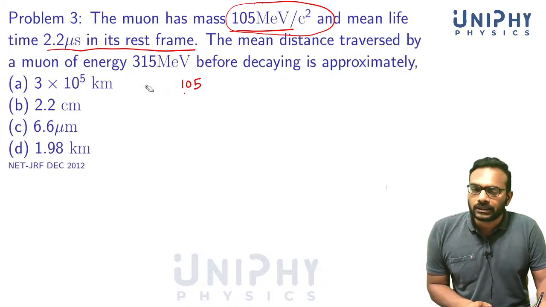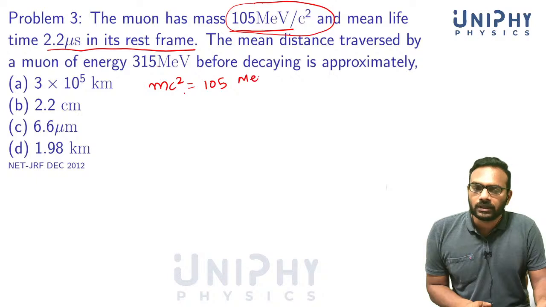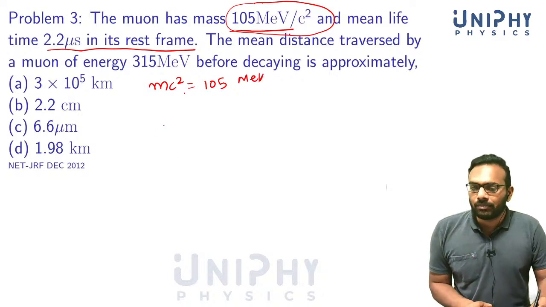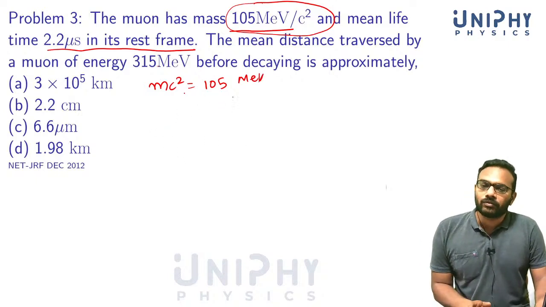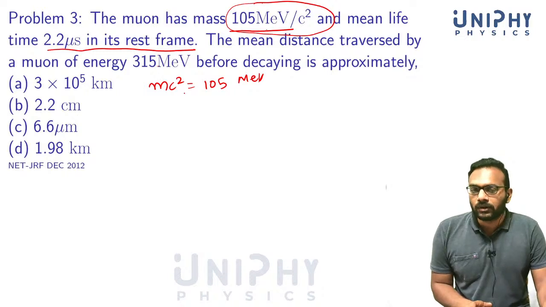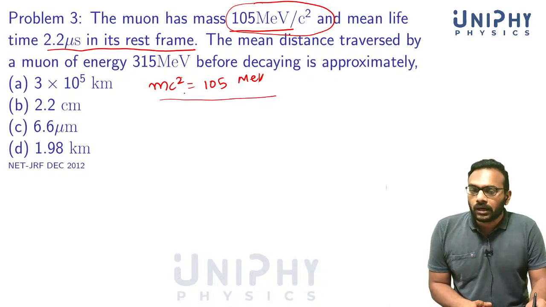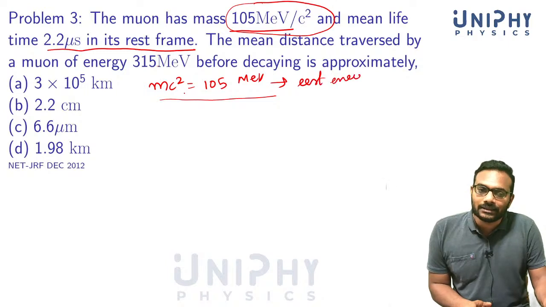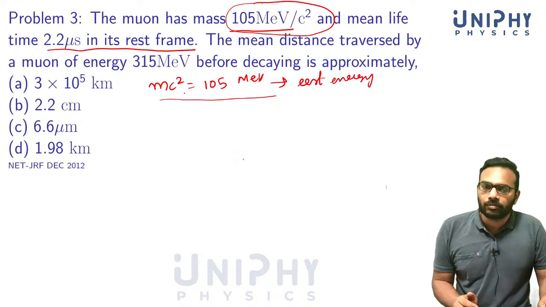We can write the rest energy mc square as 105 MeV. Oh, sorry, 105 MeV, not 1.5. I have just taken this c here, so this is mc square. This is known as the rest energy of the muon. E equal to mc square is the rest energy of a particle.